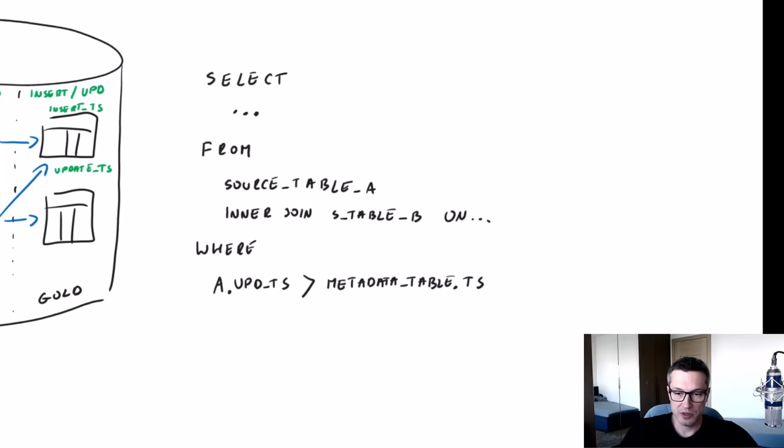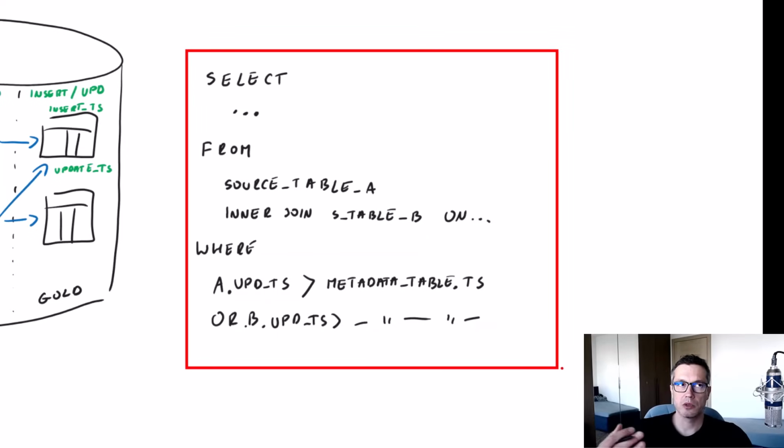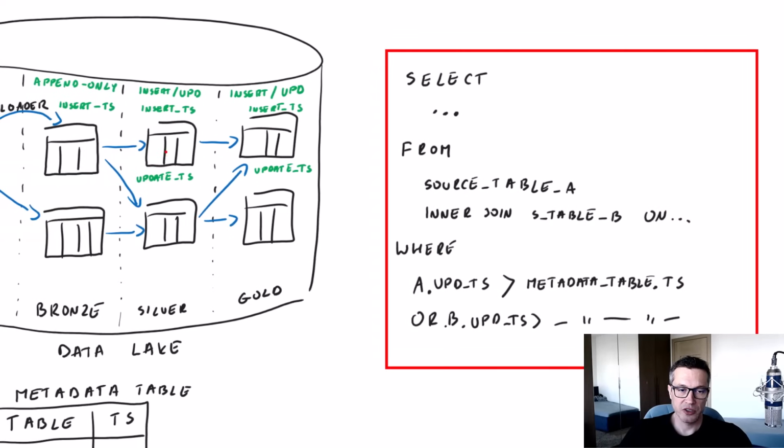And then you would use the OR logic. Or when update timestamp of the second table is bigger than our metadata table timestamp. That's it. Which simply means that this query would include data in case of changes in any of those tables. As simple as that.